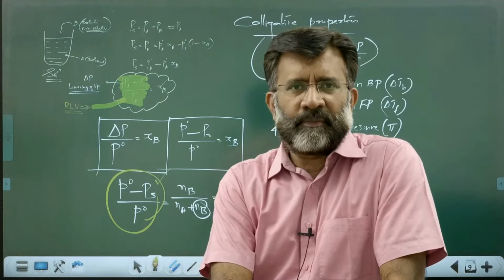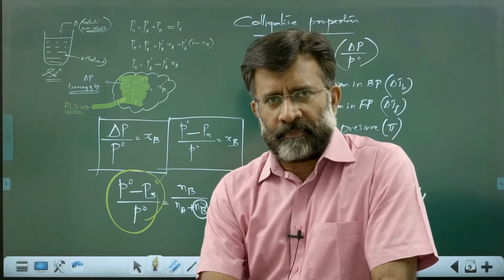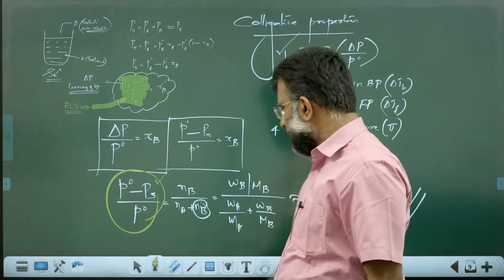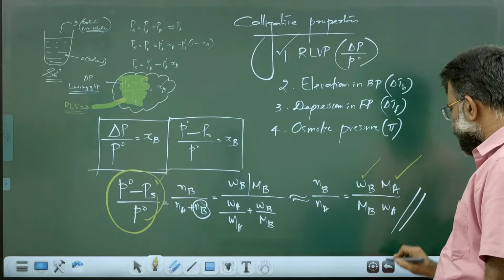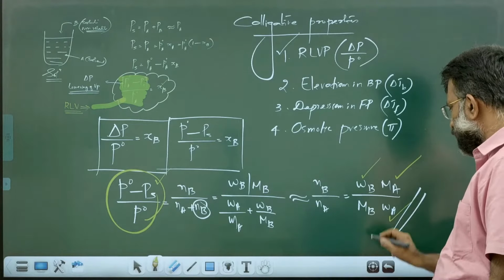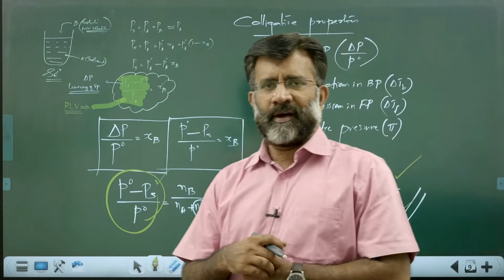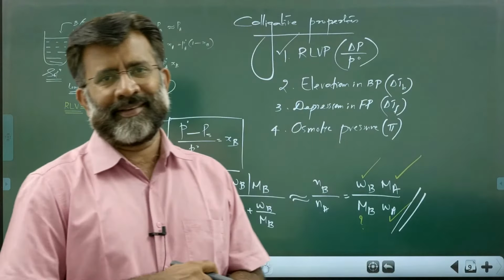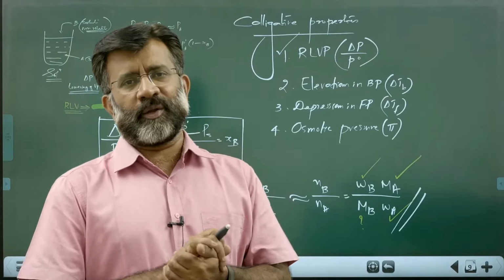It is an experimental investigation to find the relative lowering of vapor pressure. This value we can determine, and the other values you can note down. You can calculate the molar mass of the unknown solute. So determination of molar mass can be done by colligative property.